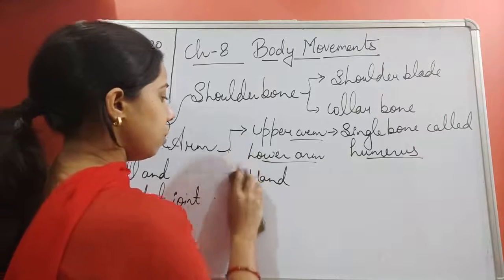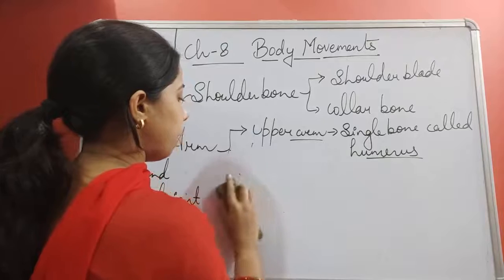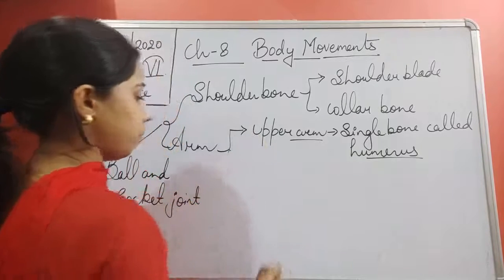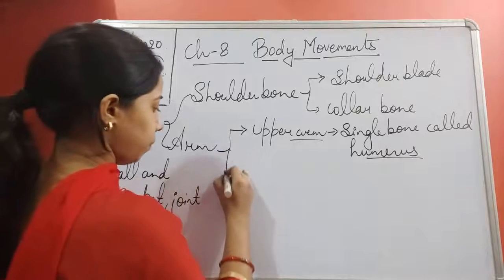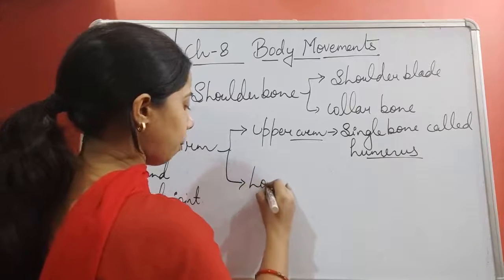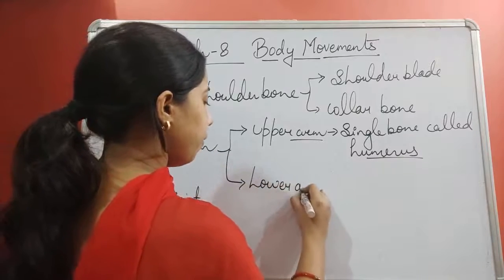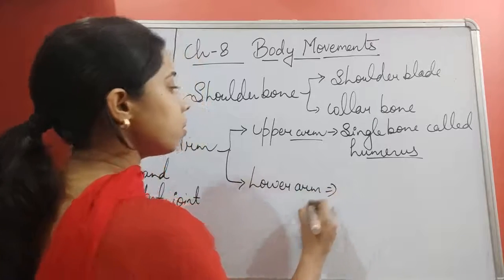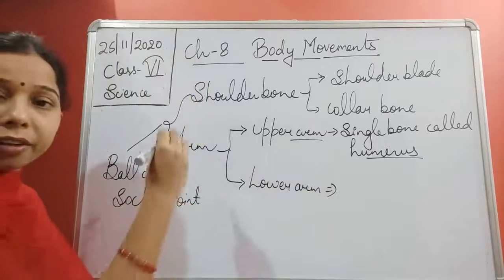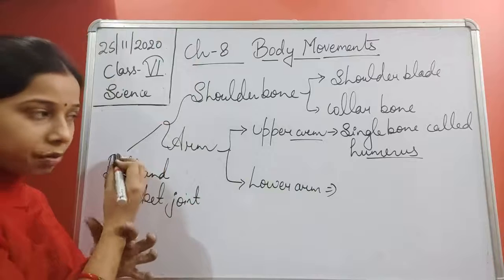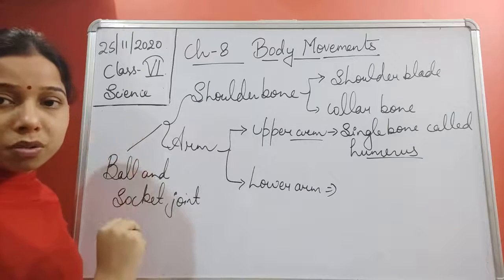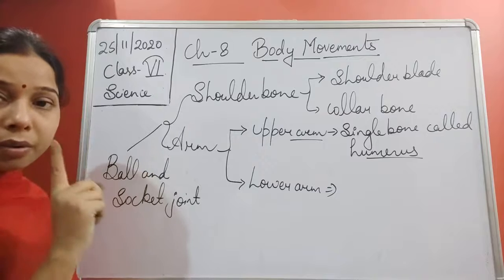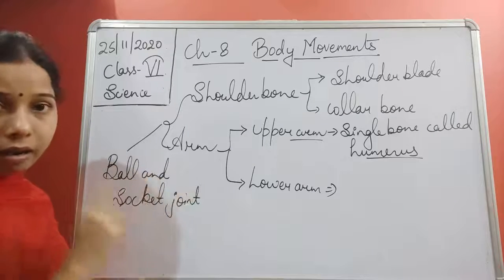Now let us see the other two parts. Lower arm. If we look at the lower arm, students, this lower arm starts from the elbow to the wrist. So it consists of two bones, that is radius and ulna.